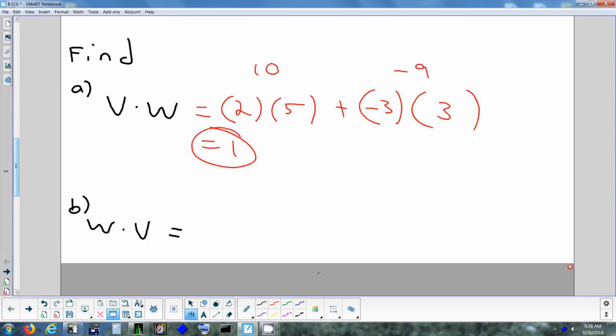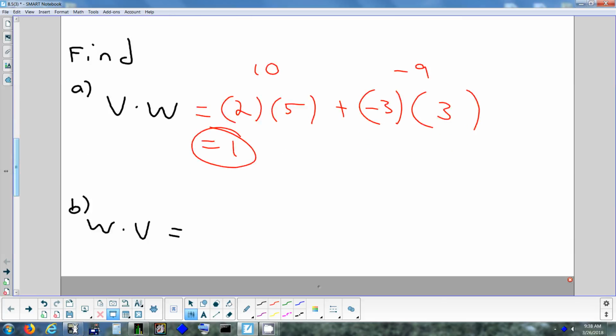Okay, let's try something a little different. Let's try W dot V. So Caleb, if I did W dot V, what would be my first two numbers this time in the correct order? 3 and negative 3. Oh, sorry, no, 5 and 2.